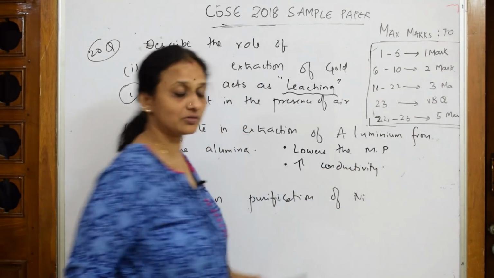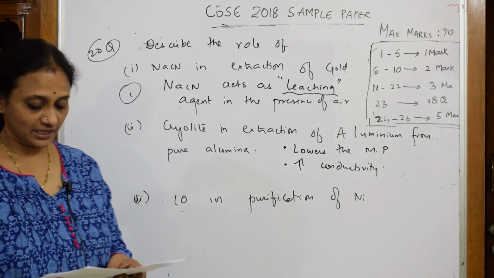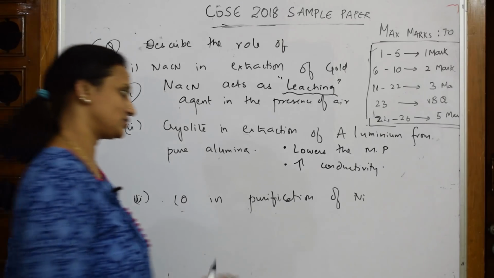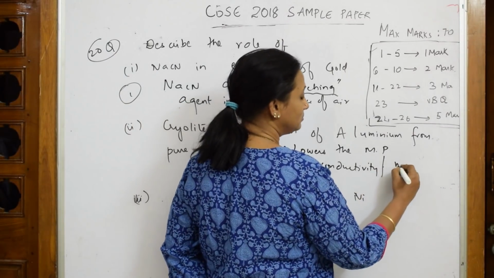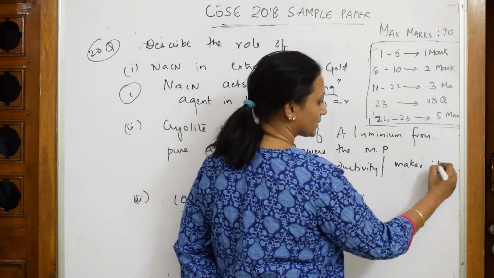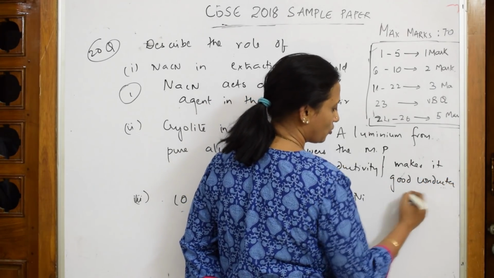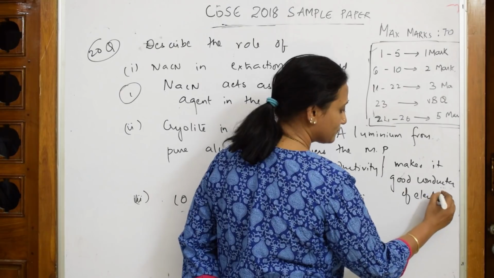These are the 2 keywords you need: it lowers the melting point, and it increases conductivity, that is, it makes the mixture a good conductor of electricity. This is what you have to write.